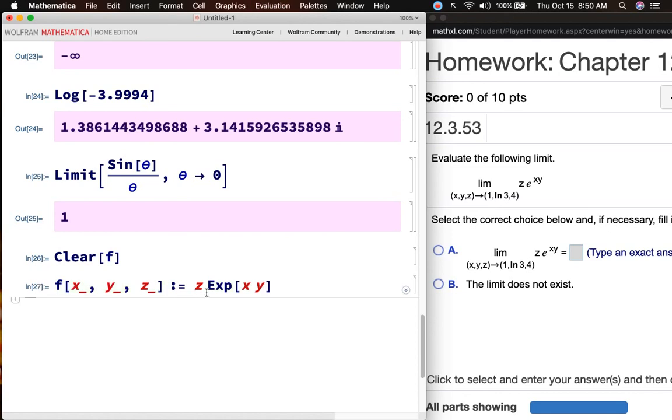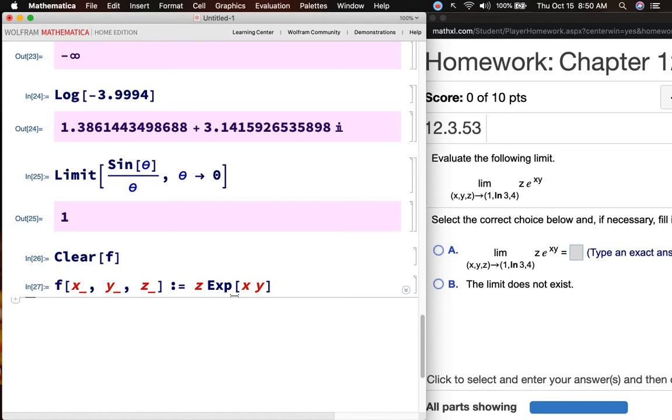Remember that in Mathematica, a space between two expressions means that I am multiplying those two expressions.